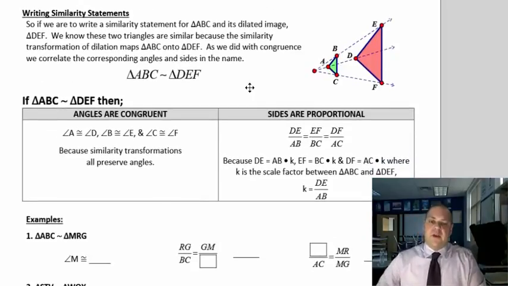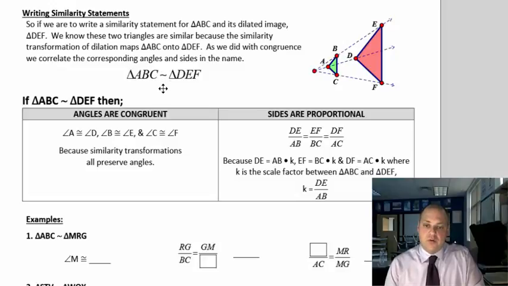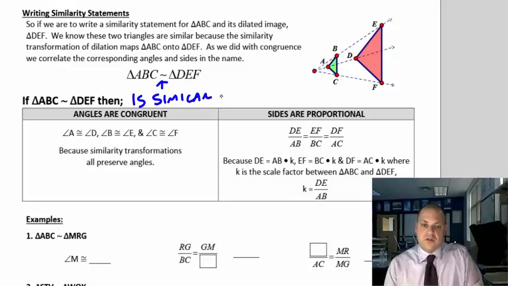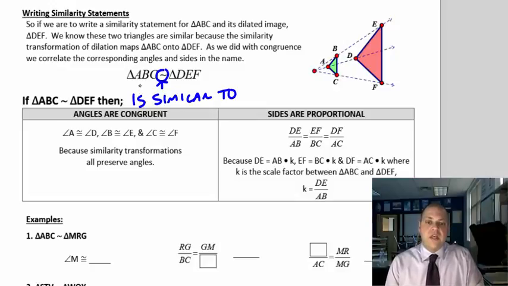So here's a similarity statement: triangle ABC is similar to DEF.